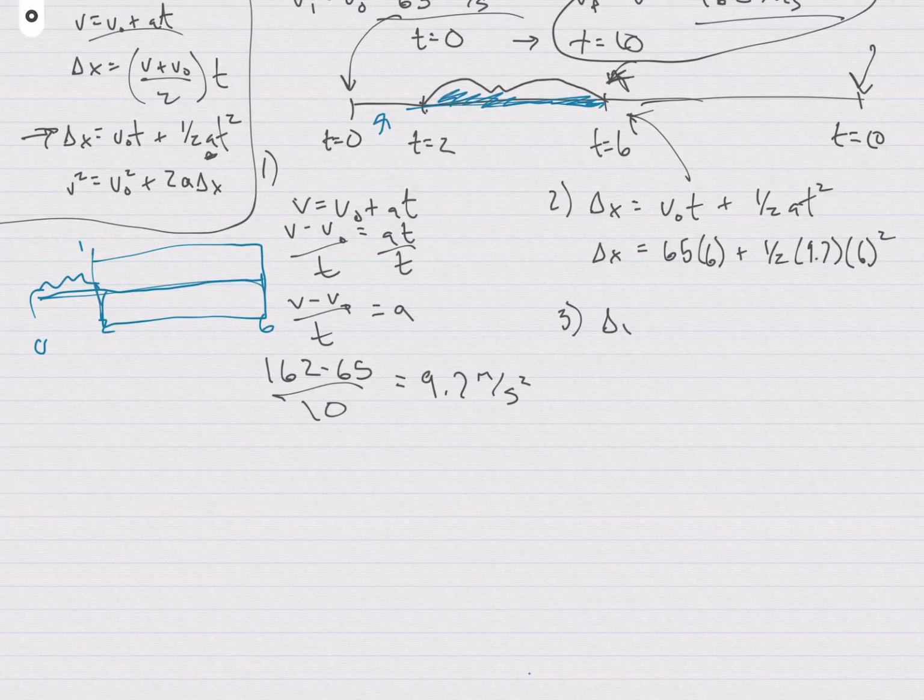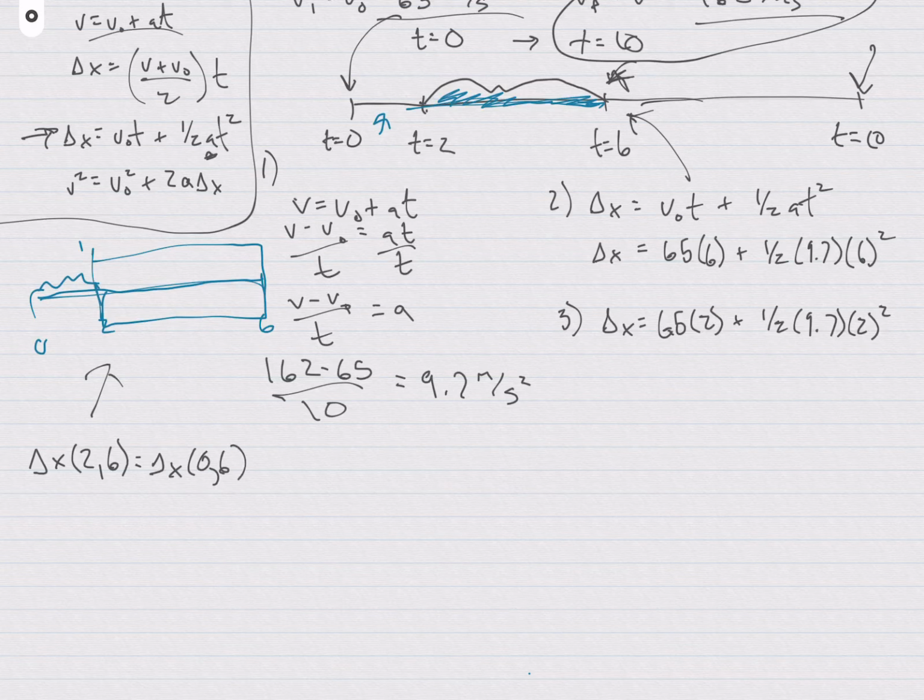Basically I'll put it here, change in x. It's the same thing, except we replace the 6's with 2's. This is the same as saying the change in x from 2 to 6, I'm just writing some pseudo notation here, is equal to the change in x from 0 to 6 minus the change in x from 0 to 2.